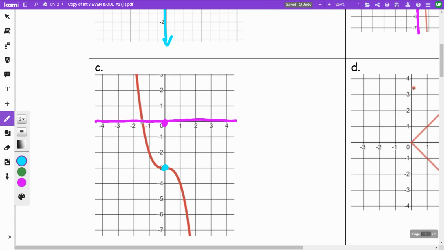So because it is not centered at the origin on the X and Y axis, this is going to be another neither.